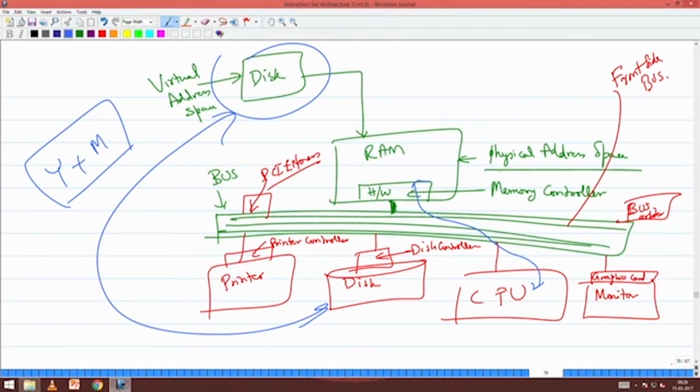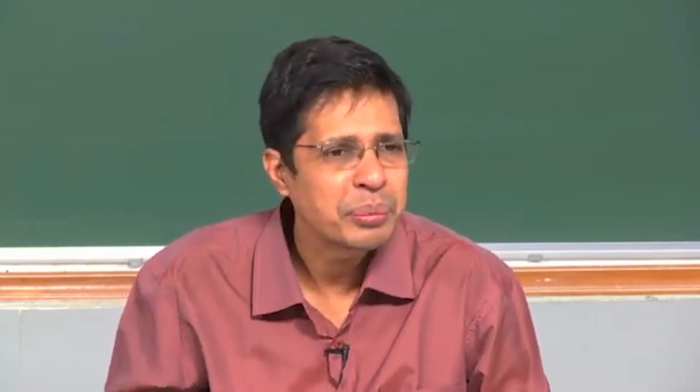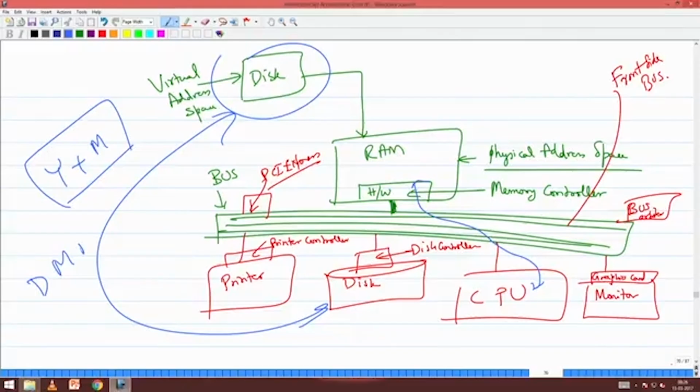Just a minute: when there is a data transfer between the peripheral and the RAM, the CPU need not be involved. Why should the CPU just keep watching what is going on? It will say, do that, and it can start doing some processing. This is called DMA, direct memory access.